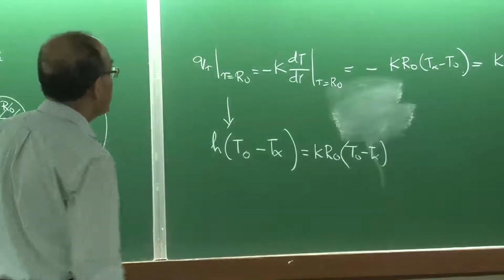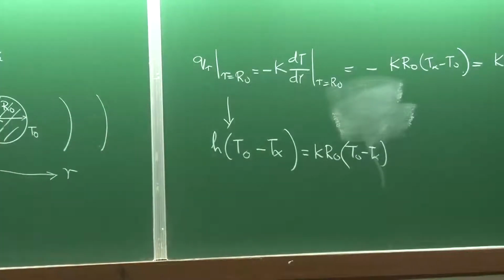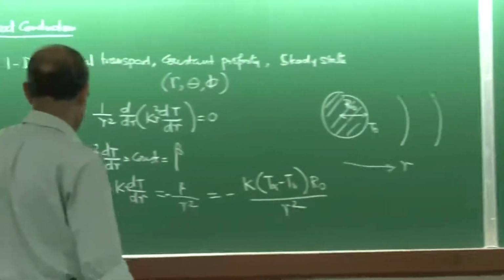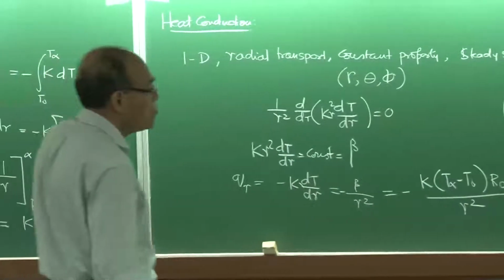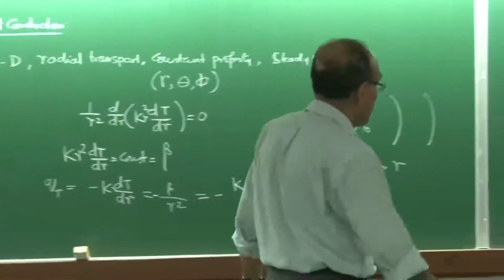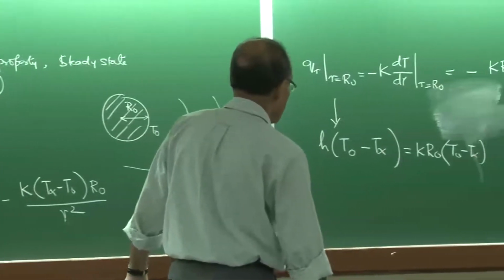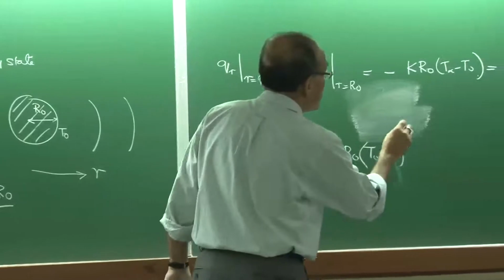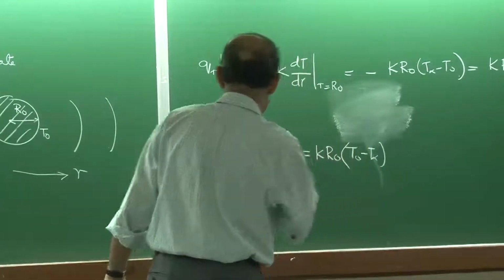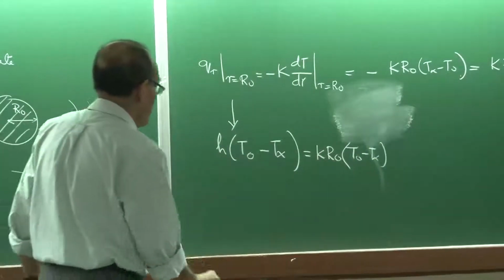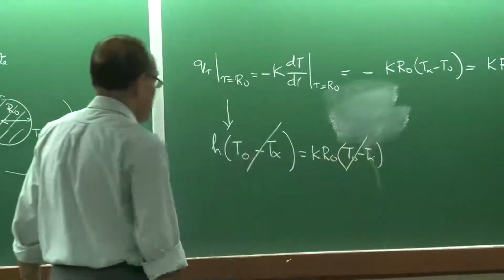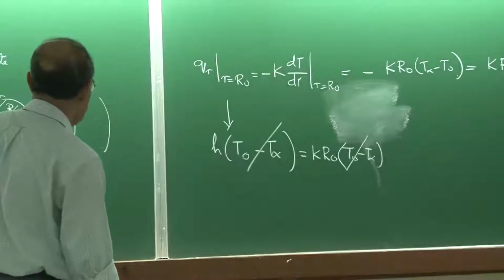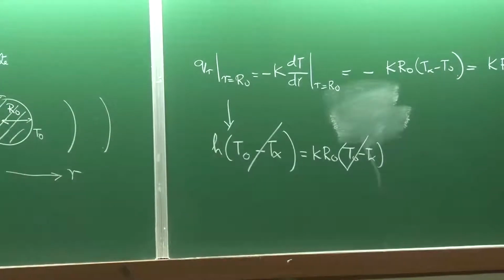I think I made a mistake here. So, r 0 squared, we will put r squared here. So, H by k r 0. So, therefore, heat transfer coefficient, k r 0, T infinity, and then this is going to cancel out. Somewhere I have missed a factor of 1 over r.